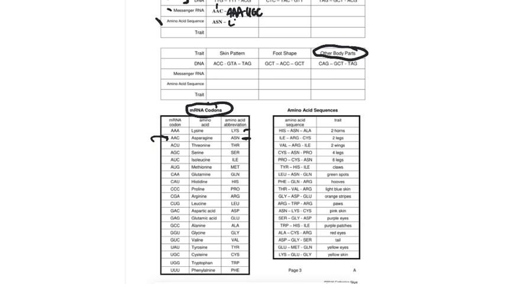So you're going to put LYS. UGC is cysteine, that's CYS. Now you're going to use this sequence to figure out this table right here. So ASN, LYS, CYS, it tells you it's going to have pink skin.